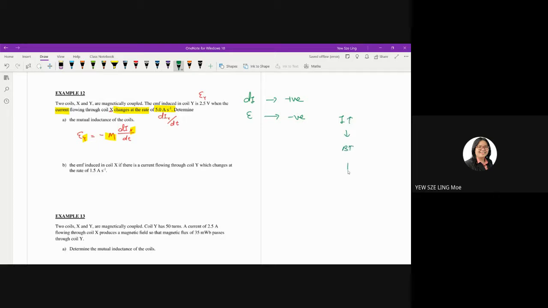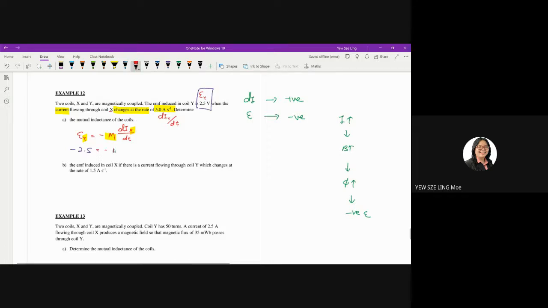If B increases, then your flux will increase. Flux increase gives you a negative EMF. This is the tricky part of this question. So even though you are given a positive value here, because of this relationship, it should be negative 2.5.